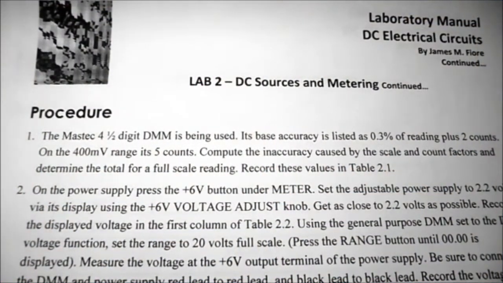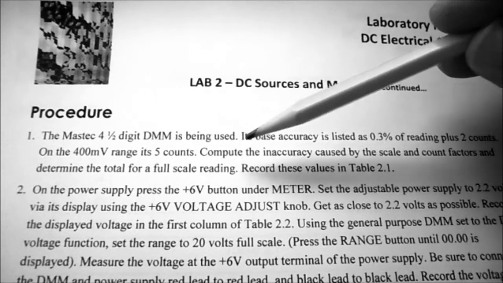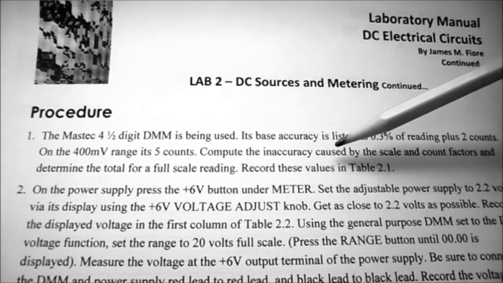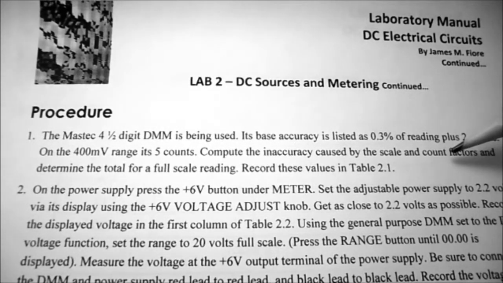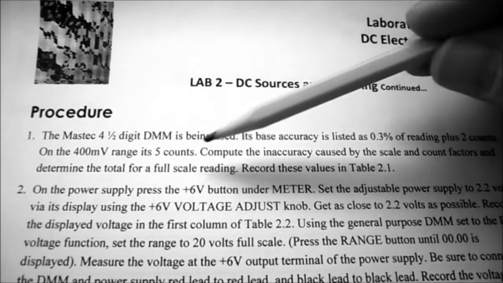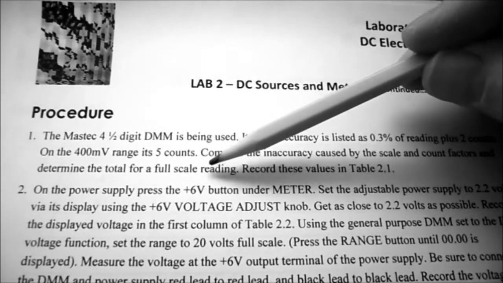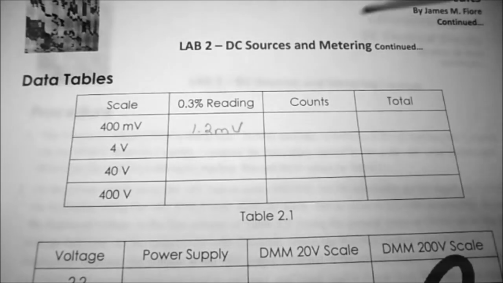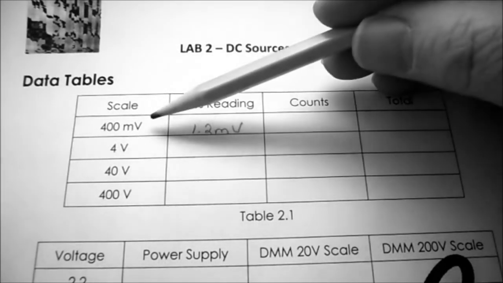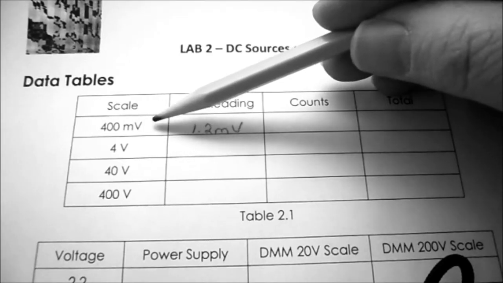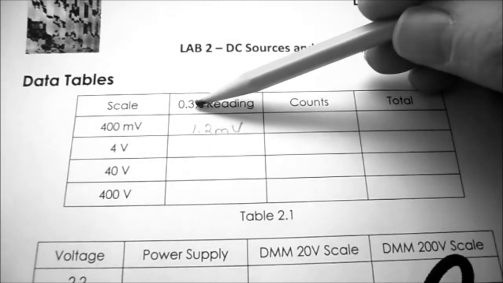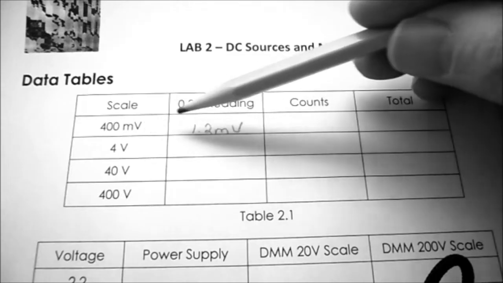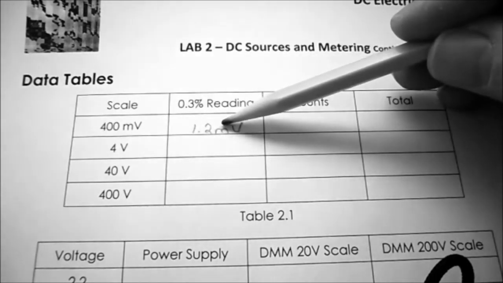So in procedure number 1, what we're going to be doing is computing the inaccuracy caused by the scale and count factors. We're going to do this for the full scale reading, and we're going to record these values in table 2.1. So on the 400 millivolt range, 0.3% of 400 millivolts is 1.2 millivolts.